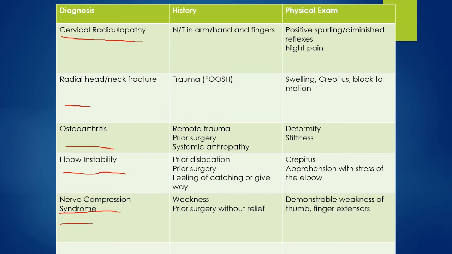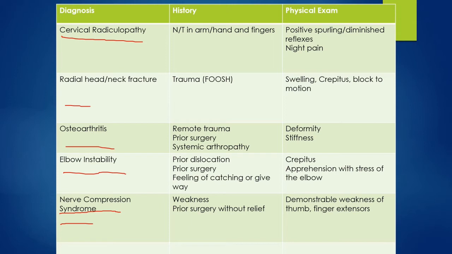Well, with cervical radiculopathy, the examinee is going to report numbness and tingling in the arm and hand, and also in the fingers in the distribution of the specific dermatome. Typically with lateral elbow pain, we're talking about the C6 dermatome.